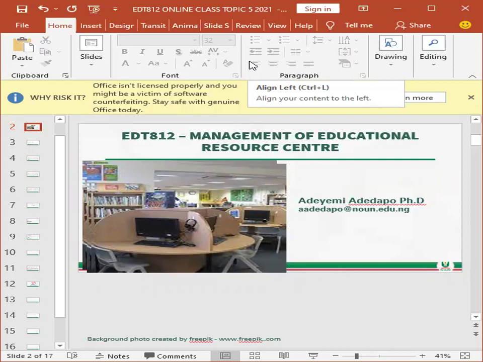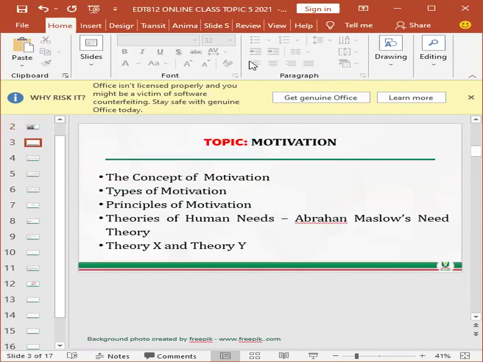Today, we are going to discuss motivation. During our last interaction, we discussed the nature of human resource management, where we discussed extensively the concept of human resource management, functions of human resource management, as well as issues of human resource management.